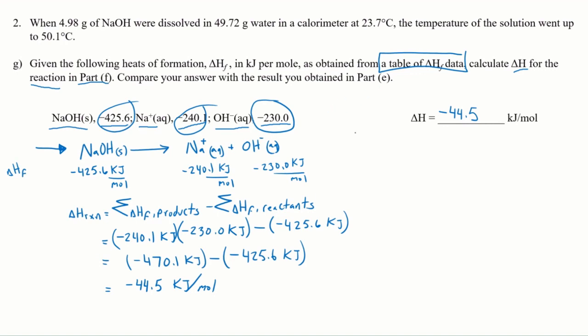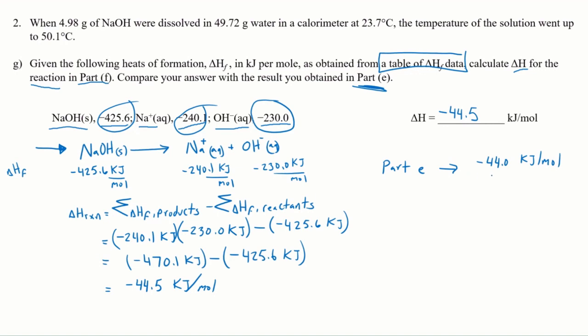Now the problem here asks us to compare this to the results that we obtained experimentally, and experimentally we calculated the value in part E, and in part E we obtained that the value was negative 44.0 kilojoules per mole.